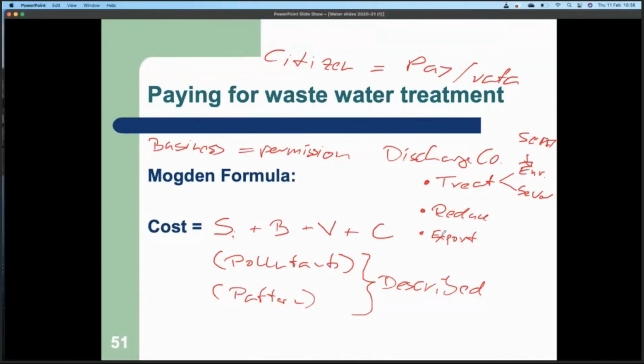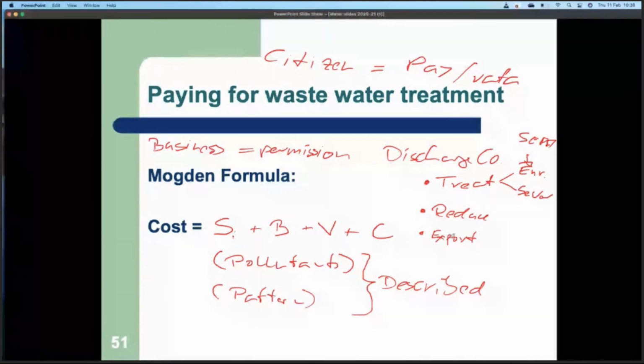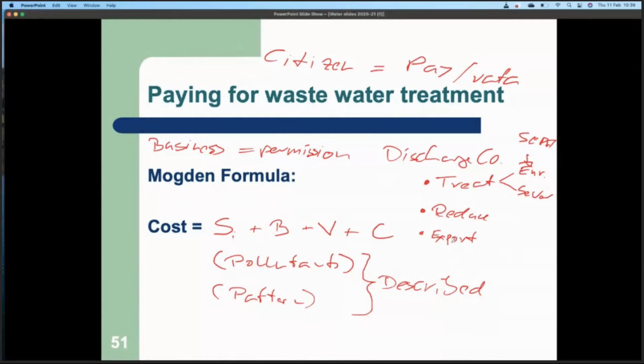There's nothing to stop you from storing your waste and having a tanker come once a week or however often, collect that waste and ship it to an area or a treatment works where they have the capacity to deal with it. Obviously, that exporting costs money, so it's a question of money at the end of the day. What's cheaper? Is it cheaper to reduce or to treat or to pay the extra fees or something? But again, nobody says that you have to discharge your water into the local sewage works. You can take your water into a tanker and put it somewhere else.